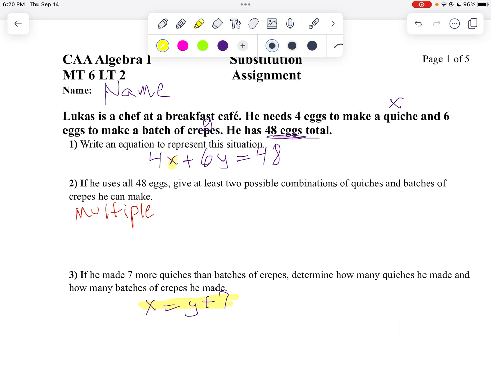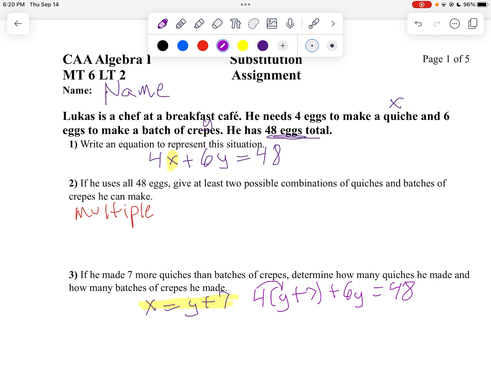So where I have x in equation 1, I'm going to write y plus 7. So we're going to say 4 times x, but x is y plus 7, plus 6y equals 48.